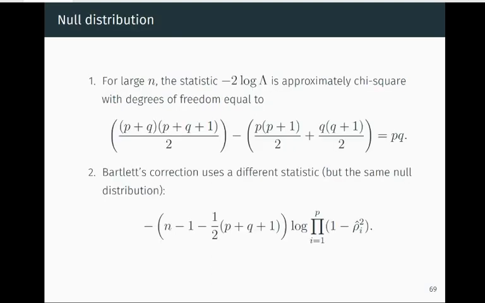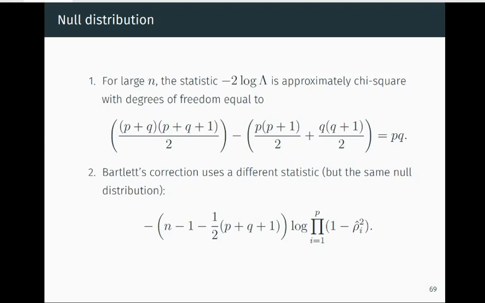So now that we have a test statistic, we need the distribution under the null hypothesis to perform hypothesis testing. For large n, we know that the statistic minus 2 log lambda is approximately chi squared, with degrees of freedom equal to p times q, which is the number of free parameters.